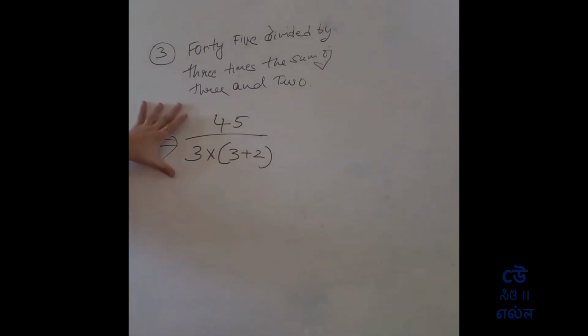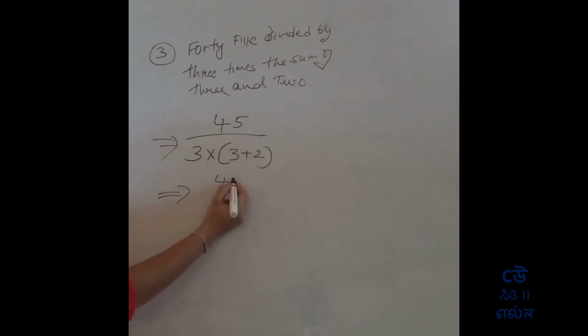Understood, children? How did I write the number? First they have given 45, so 45 divided by how much? 3 times, so 3 into sum of 3 plus 2. 45 you will write as it is, 3 also as it is.